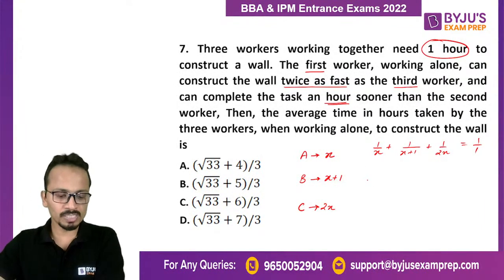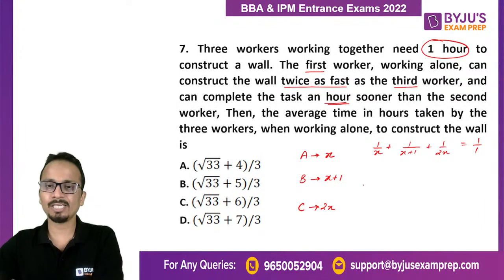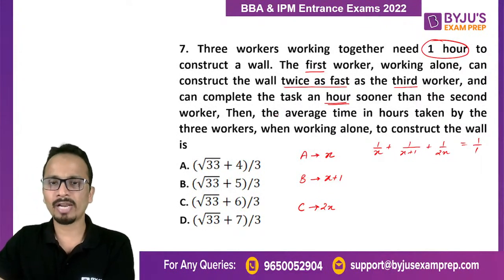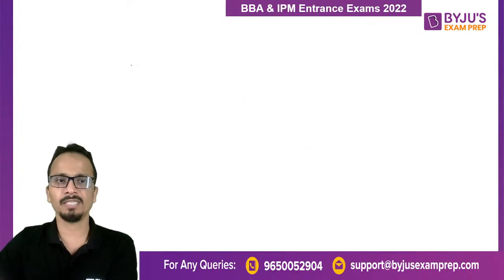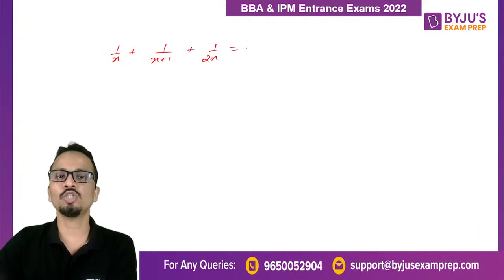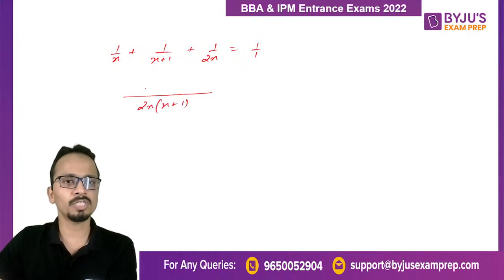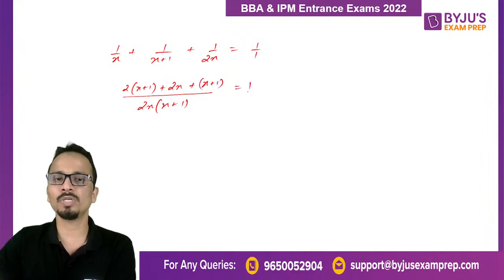Now let's solve this equation for x. Okay. So I'll go to the next page and we'll write this equation and solve it separately. So 1 upon x plus 1 upon x plus 1 plus 1 upon 2x equal to 1 upon 1. Taking LCM, 2x into x plus 1. So this will be 2x plus 1 plus 2x plus x plus 1 is equal to 1.